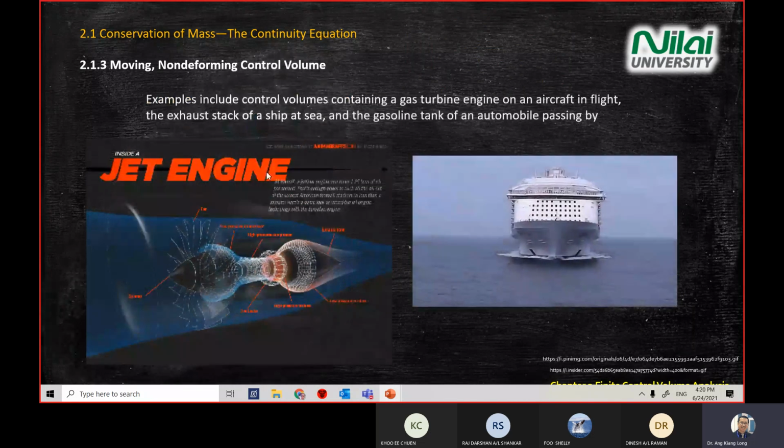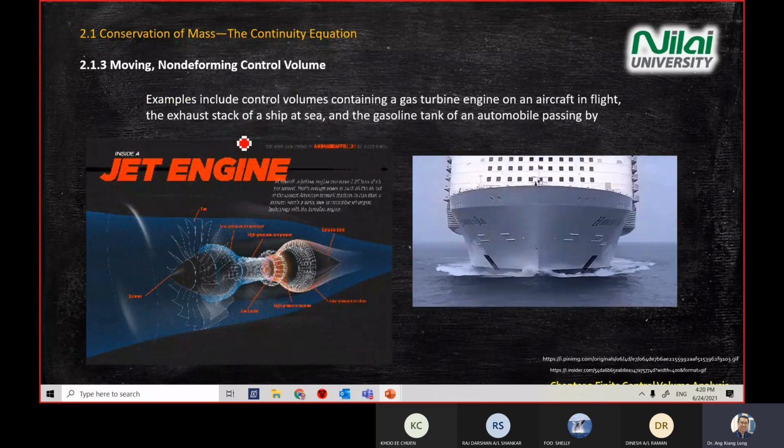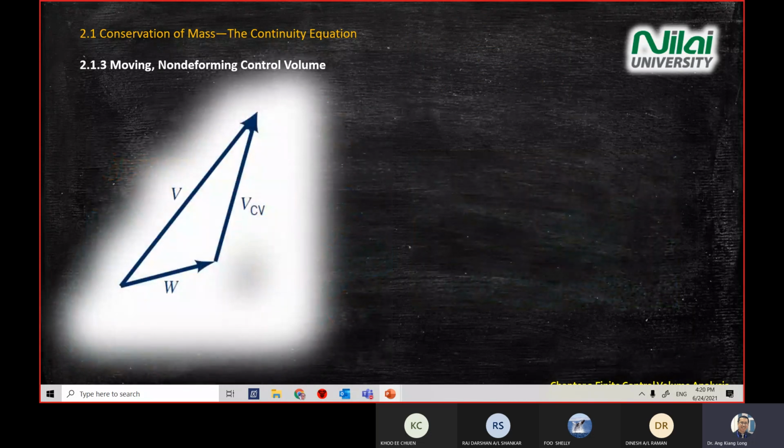All right, now before we try to solve a moving control volume, there are new terms that you need to learn today. You need to recognize a vector diagram like what you see on your screen on the left hand side here. You are seeing three vectors: V, W, and V sub CV.